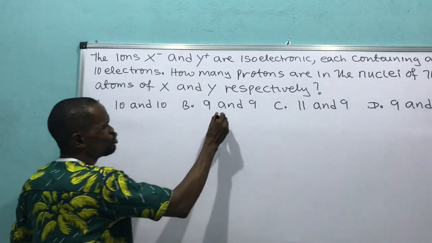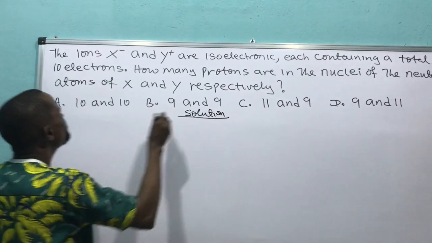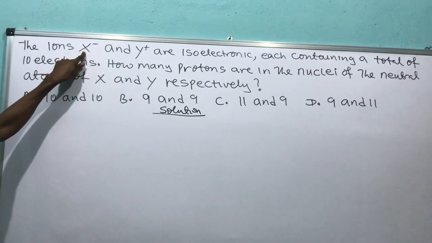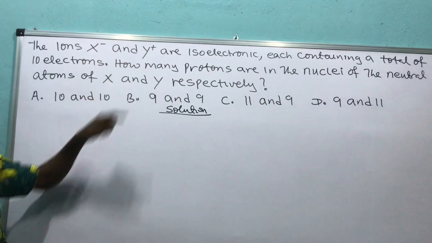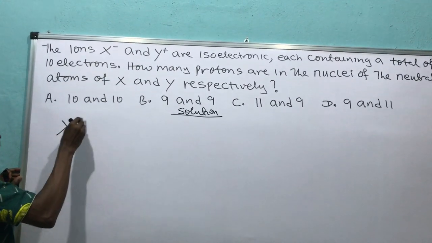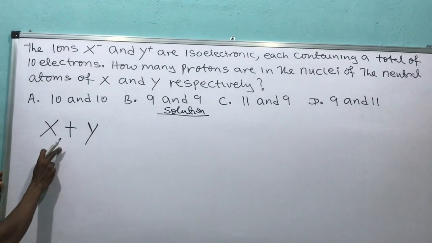Then we go to the solution for us to be able to know what the answer is. You remember that this one accepted the electron and this one lost the electron after the reaction. Before the reaction we have X plus Y; these are the reactants.